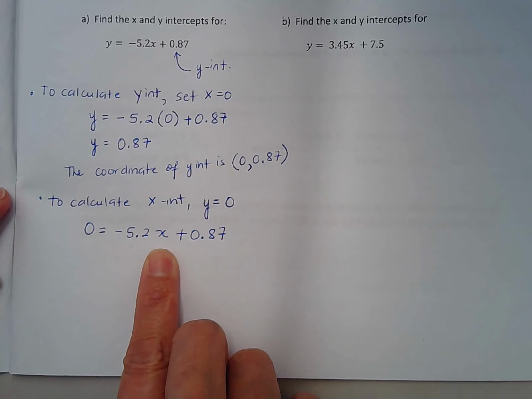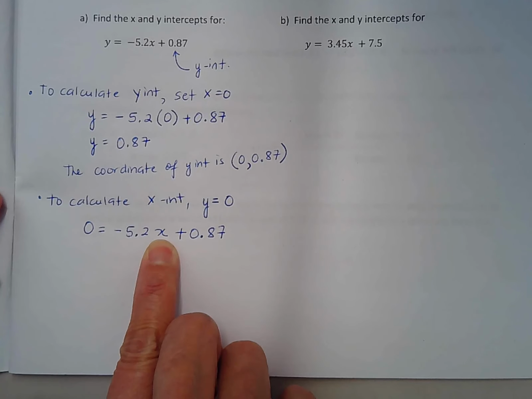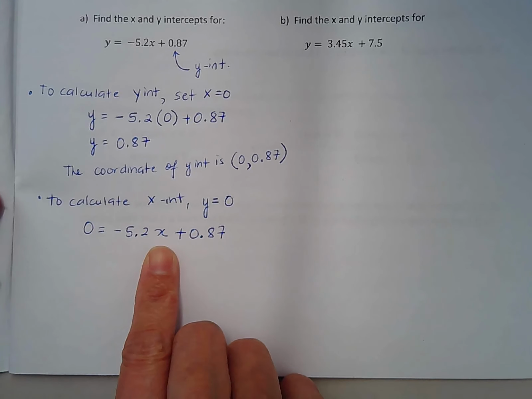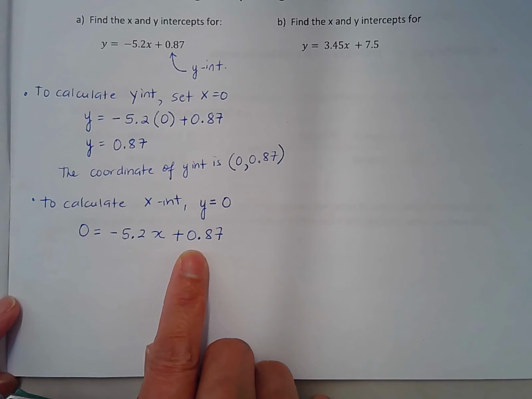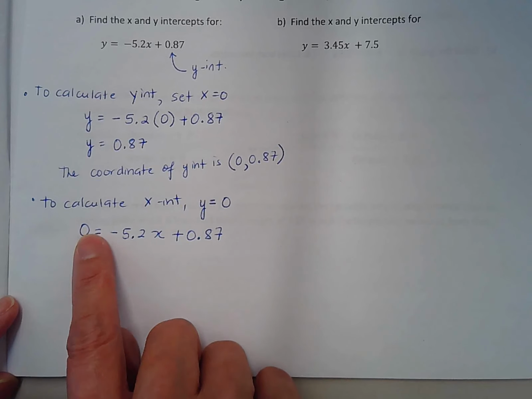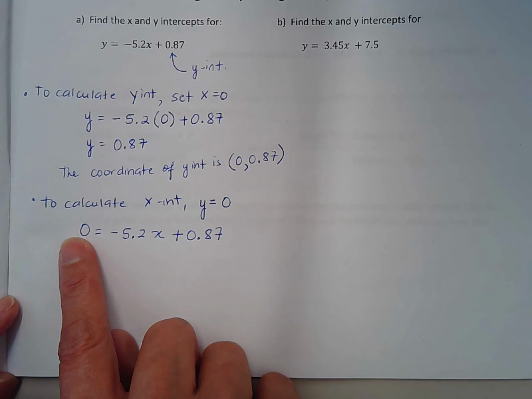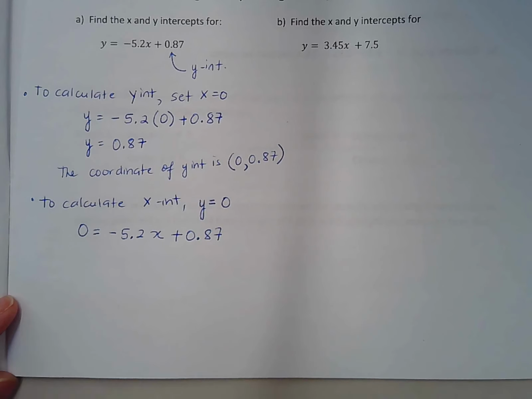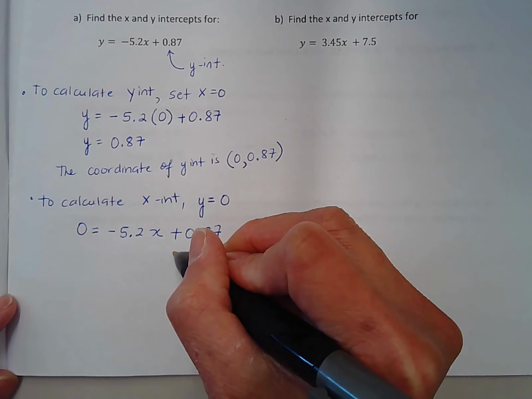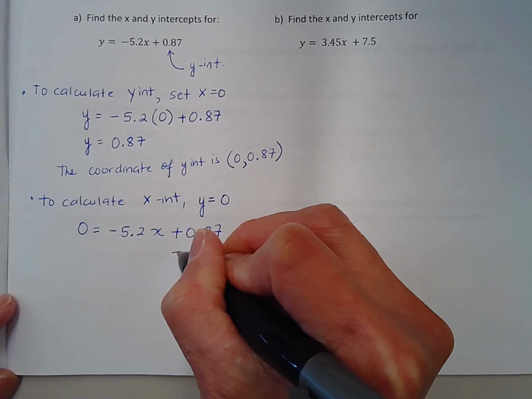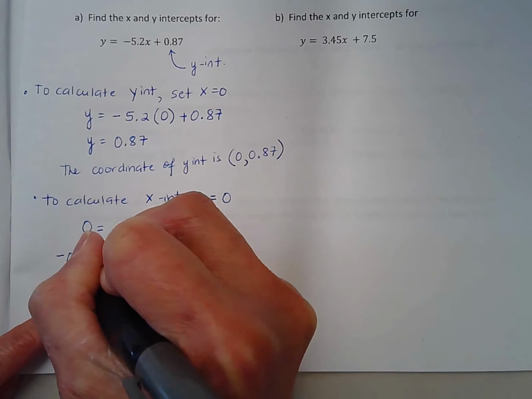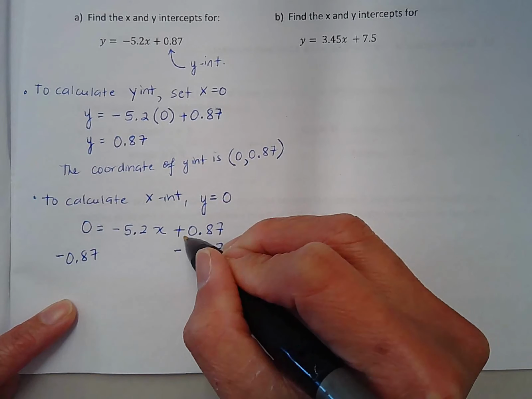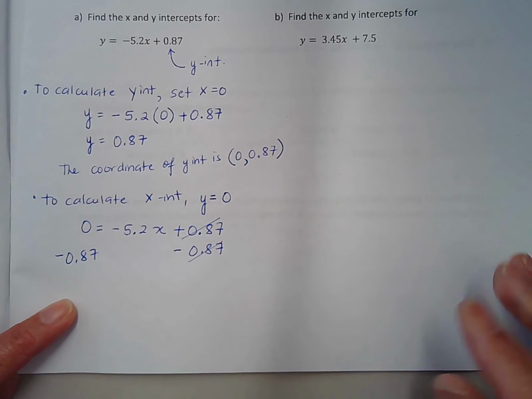So what we're trying to find out is, what is this number that when we multiply by negative 5.2 and then add 0.87, it will give us an answer of 0? So what are we going to do? Remember our solving of equations. Minus 0.87, negative 0.87, that cancels out.